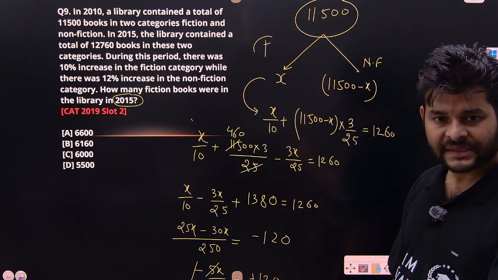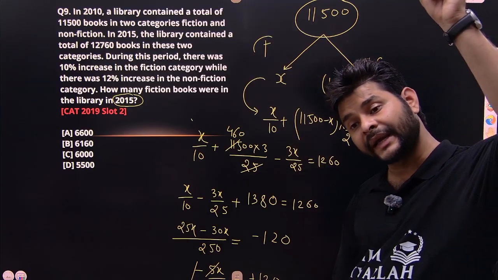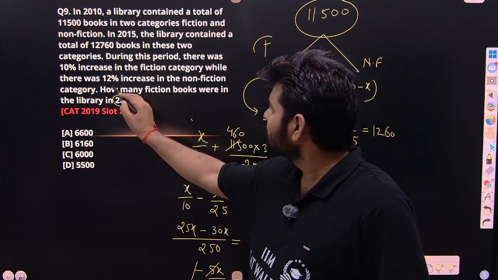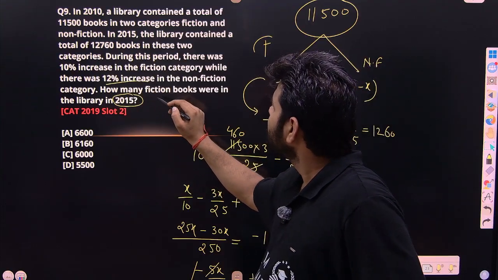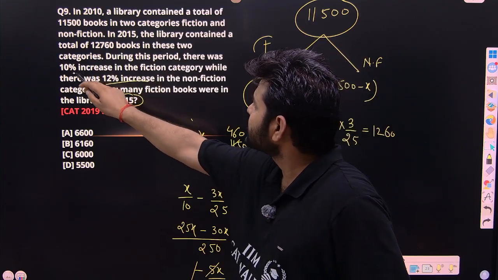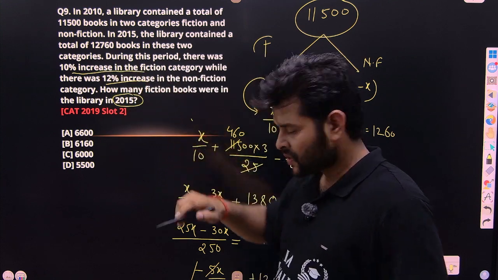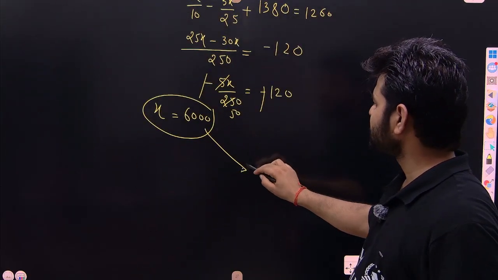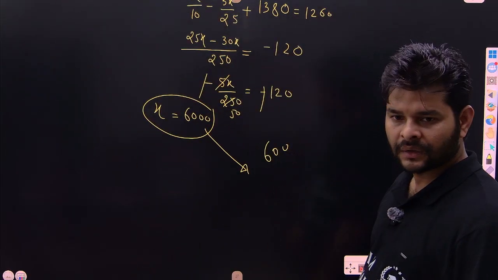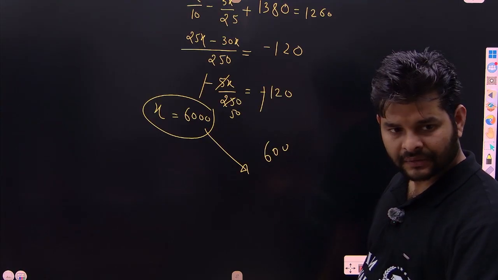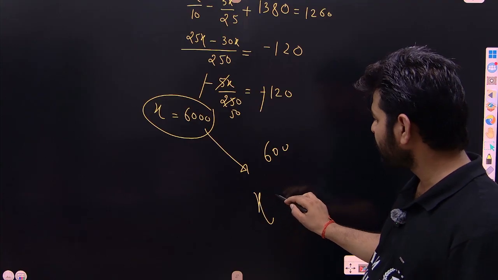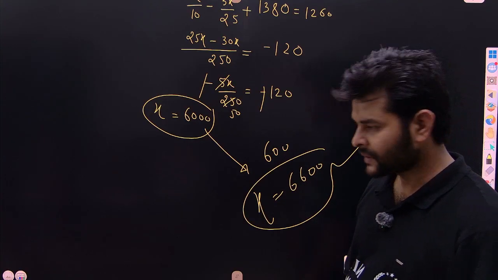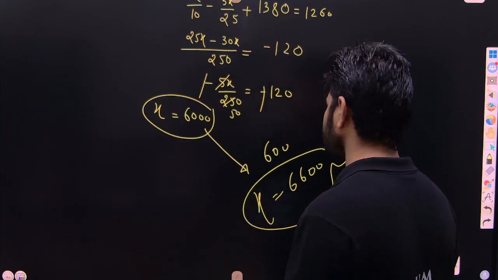So basically 6,000 in 2010 were fictional books. But how much increase? 10% in fictional books increased. So 10% you need to add more. 10% would be 600. So in 2015, the total fictional books would be 6,600. This is your answer. 6,600.